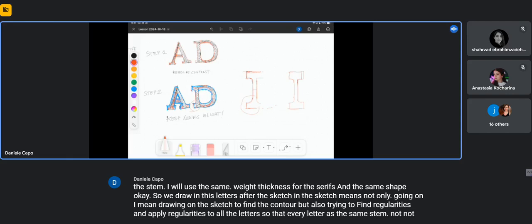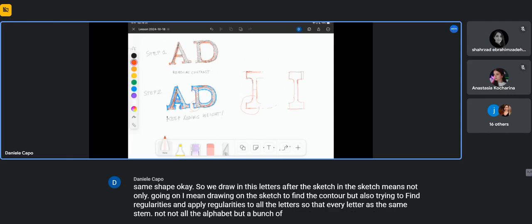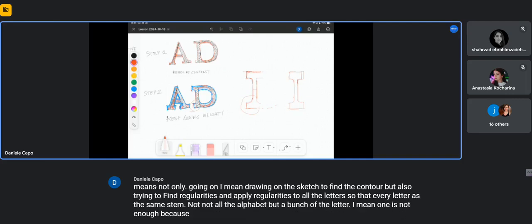Not all the alphabet, but a bunch of letters. One is not enough, and 10 maybe is too much; 5 or 6 is good.